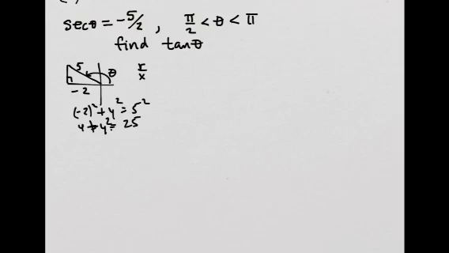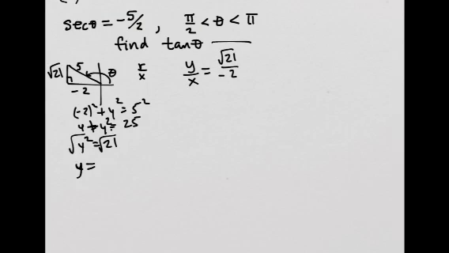So I'm subtracting 4 from both sides, so y squared is 21, square root, and we take the positive because it's in quadrant 2, so this is square root of 21 up here. So tangent is y over x. So y is radical 21, x is negative 2, and that's your value.